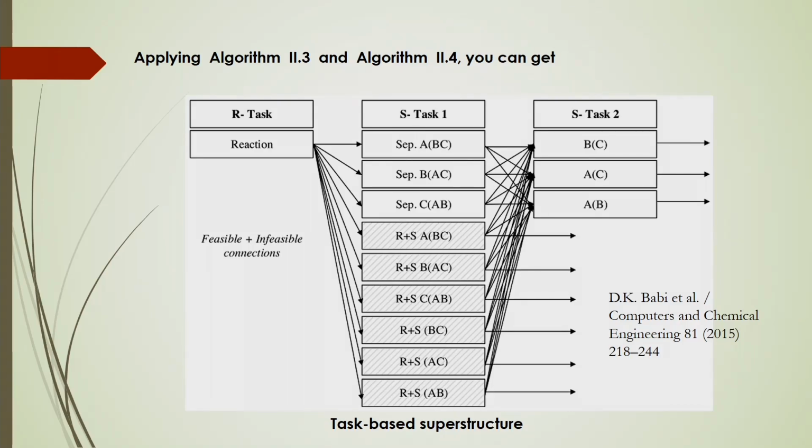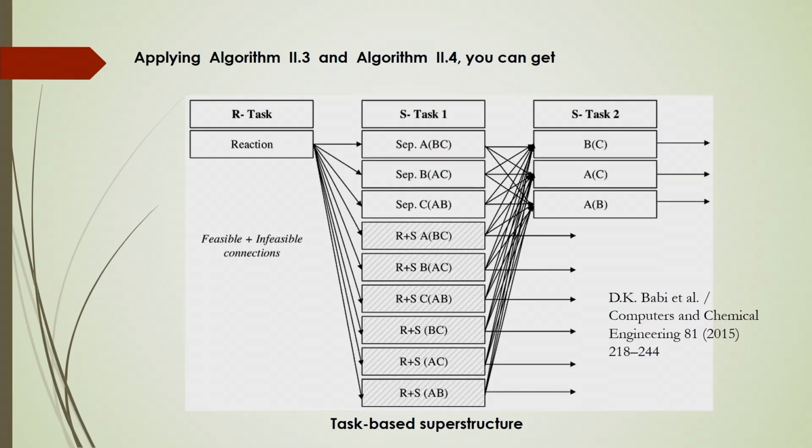So here we have R task and then S task 1 and S task 2. If we consider the R task as the reaction task, and S task as separation tasks, and again S task as separation task 2, and if we consider that reaction and separation both happen simultaneously, then we have these building blocks of reaction separation.